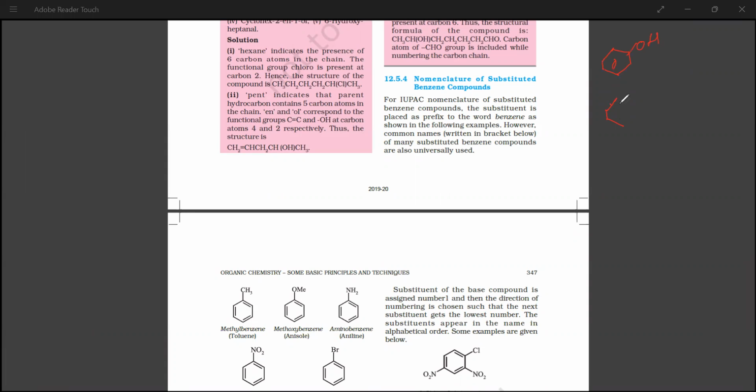If on first and second carbon atom, two OH are there, then it is catechol. This was phenol, catechol.